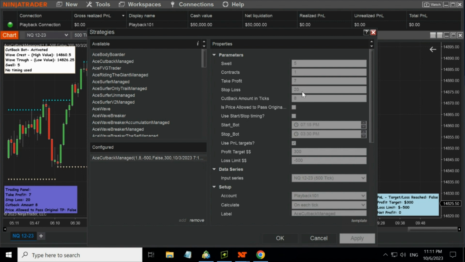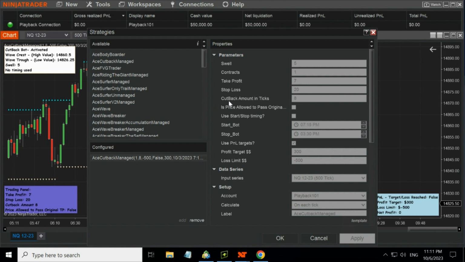You can lower your stop loss, but you just have to be mindful that you will get stopped out more often than you would like because of the NQ, and because it's the US daytime, you're still going to get that volatility and price bouncing up and down a fair bit before heading in the direction you want it to. So I like to have a bit of breathing room, keeping it at 20, especially if I'm only using one contract. If I was using 3 or 4 contracts, I would look at having a tighter stop loss, so that I'm not leaving myself out there getting some big losses.